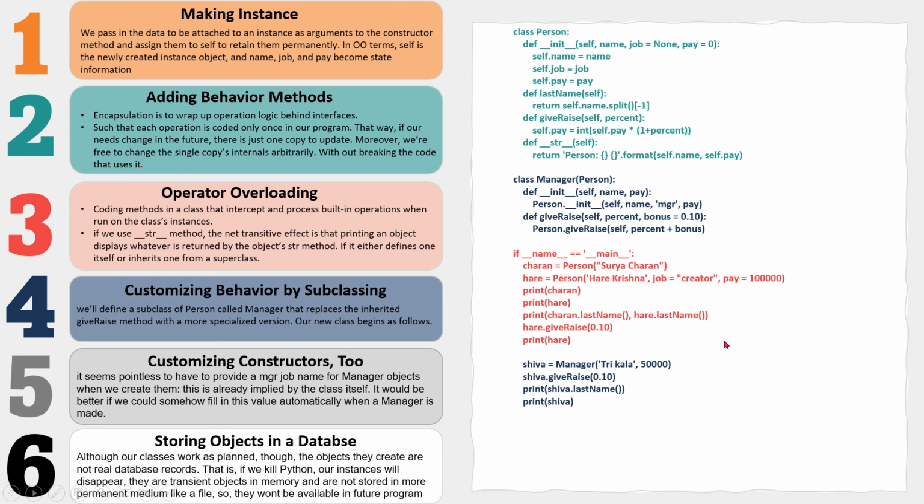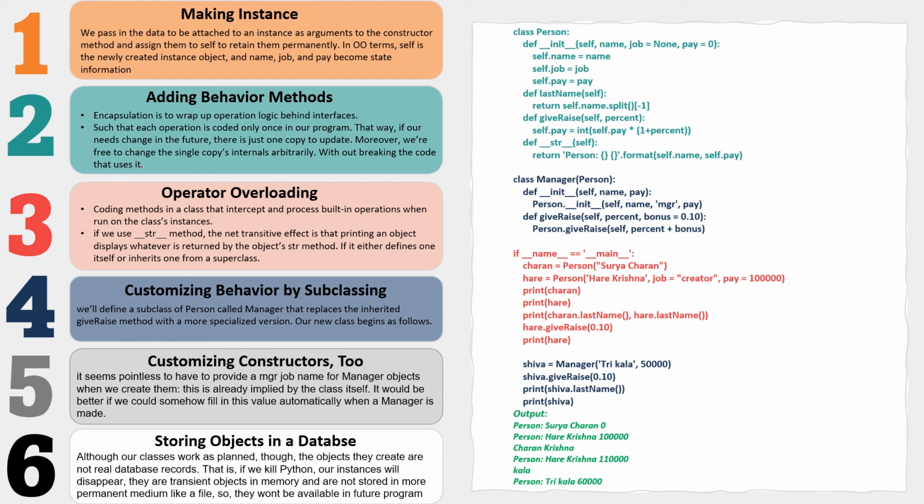This object belongs to the Manager subclass, and this object belongs to the Person class. If you see the Manager constructor here in between, you don't need to give job anymore, because we give only the name and the salary pay, that's it. Job by default takes MGR. That's customizing the constructor. If you take the output, this is what we get.